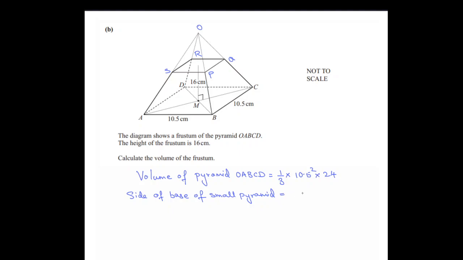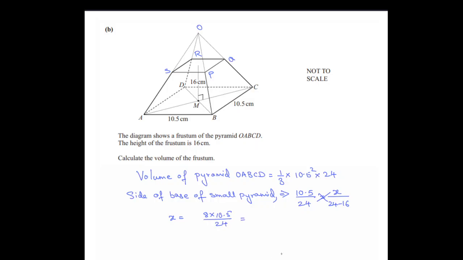So 10.5 by 24 is equal to x by 24 minus 16. Cross multiply, and you get the value of x. X is equal to 8 into 10.5 by 24, since 24 minus 16 is 8.